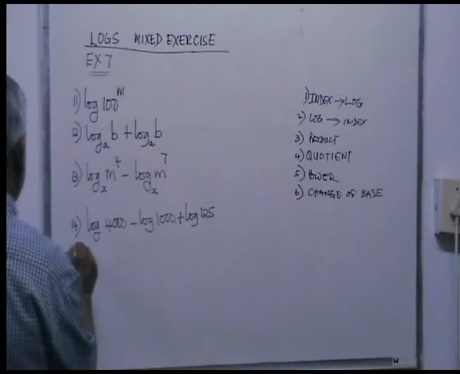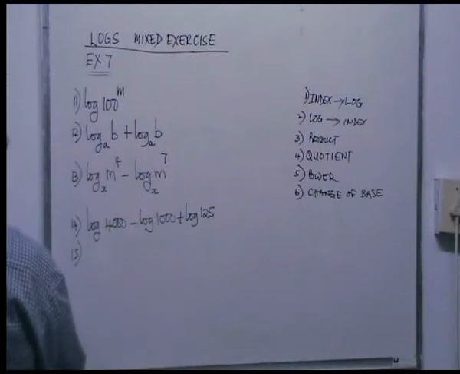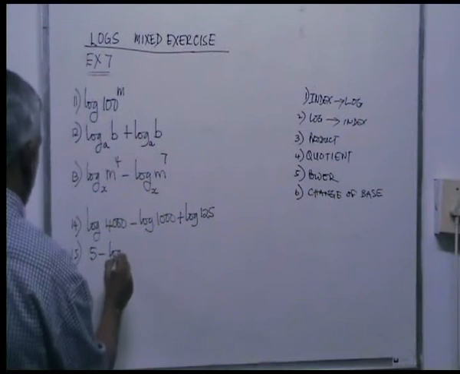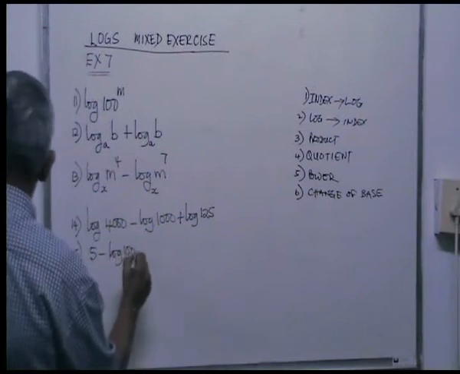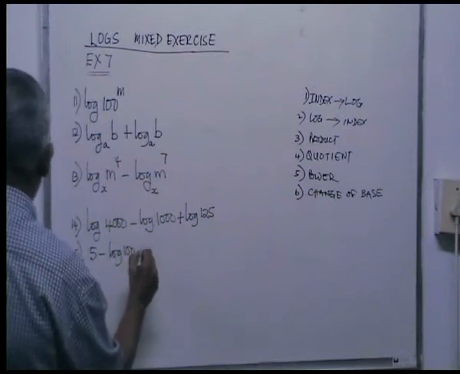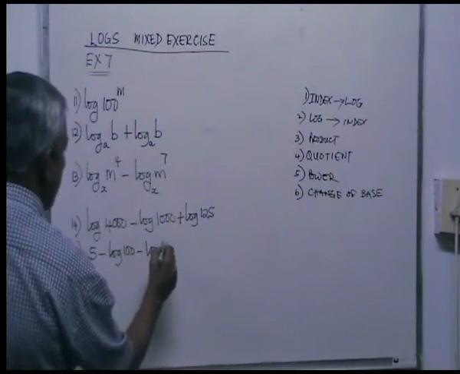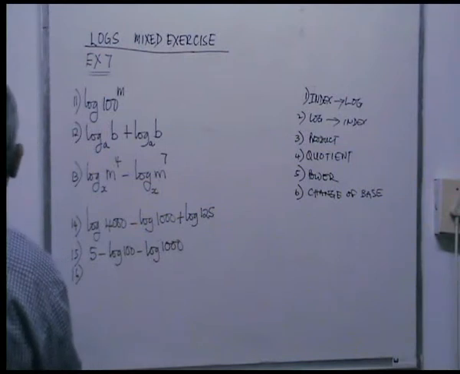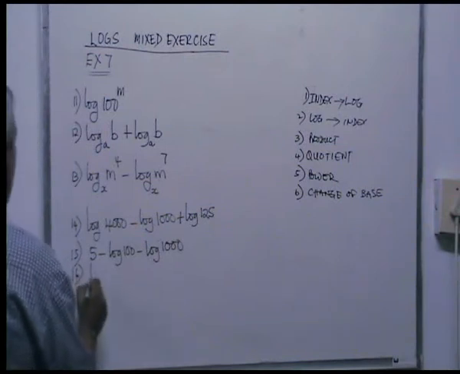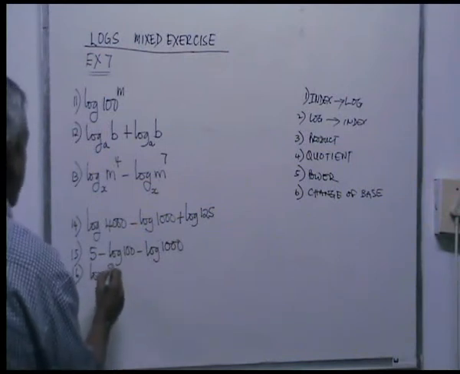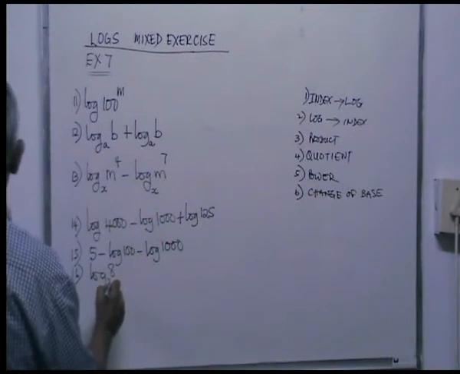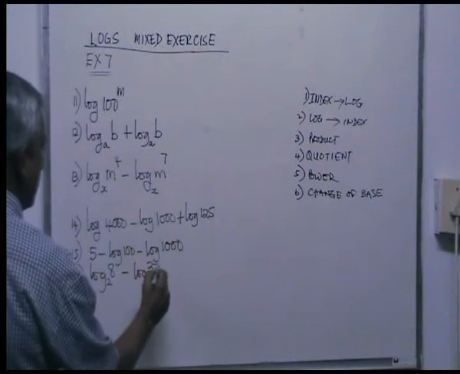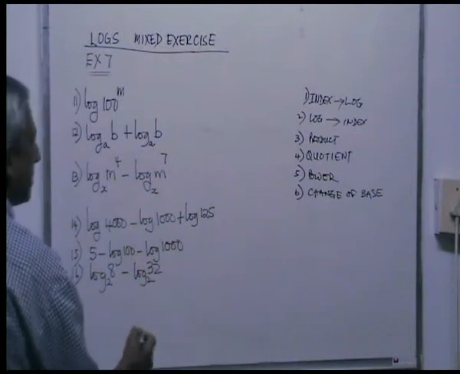Number 15, 5 minus log 100 minus log 1000. Number 16, log of 8 to the base 2 minus log of 32 to the base 2.